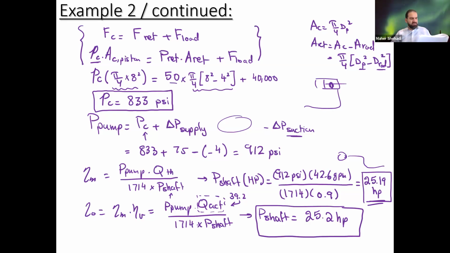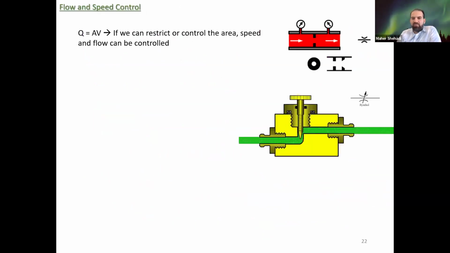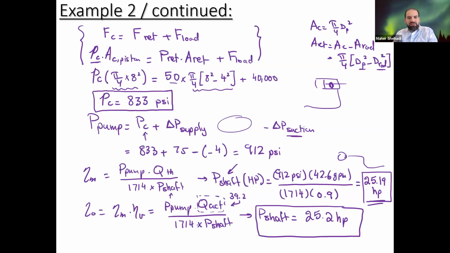The next part is we need to find the input torque to drive the pump. So the torque needed to drive the shaft we found. So now I'm just going to the same definition for my equation, which is T N over 63,025, and that's actually the definition for P input. So now we found P input, it's for the shaft, it's 25.2. Okay, let's see. I need one more slide.